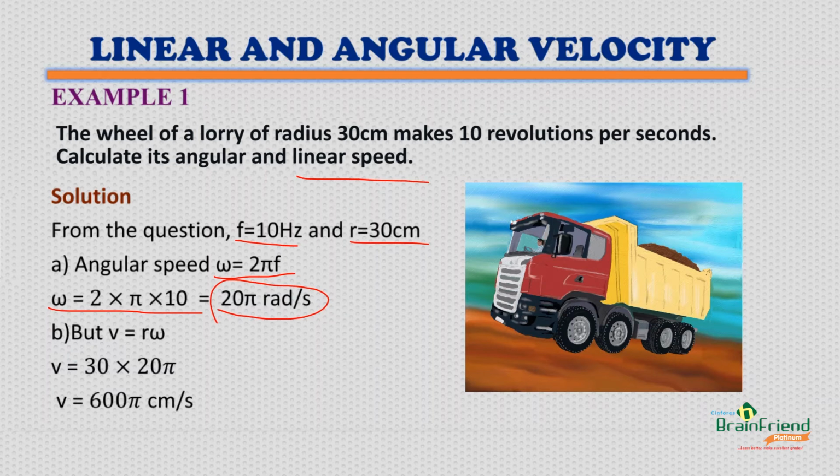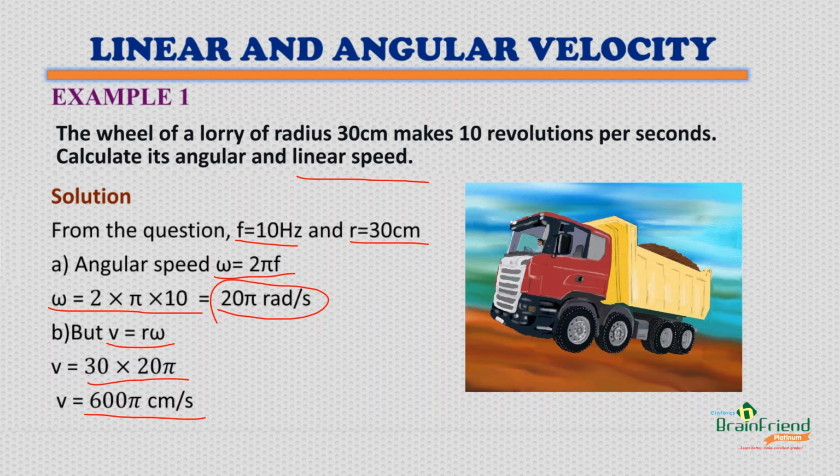What formula relates linear speed with either frequency, radius, or angular velocity? The formula is V equal to R omega. So substituting 30 for our radius R and 20 pi for omega, we have V is equal to 30 times 20 pi. This gives us 600 pi centimeters per second. Now it's in centimeters because our radius was given in centimeters.